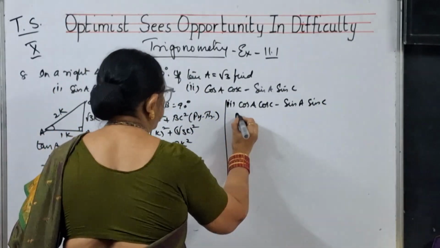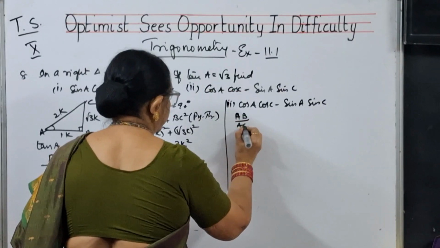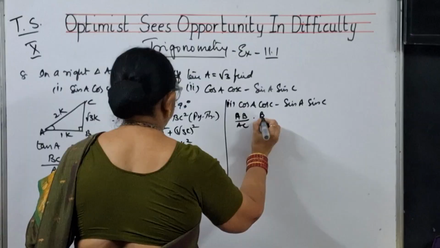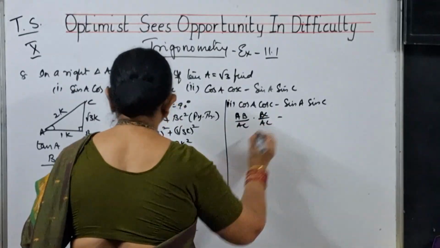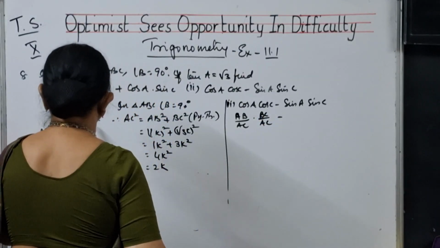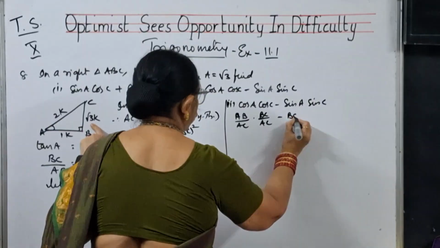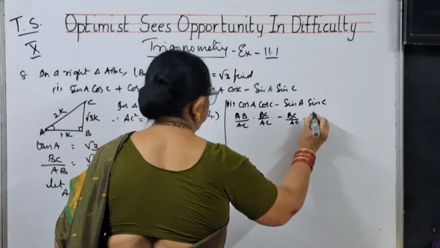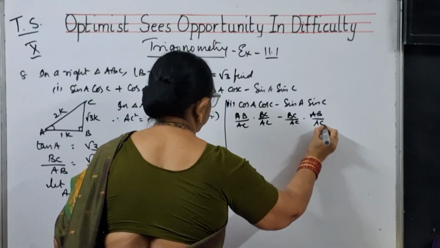Cos A is AB by AC into cos C, that is BC by AC, minus sin A, BC by AC, into sin C, AB by AC.